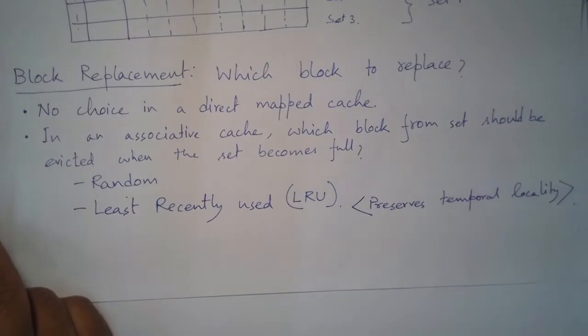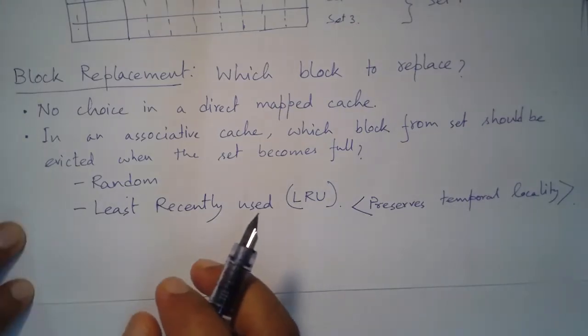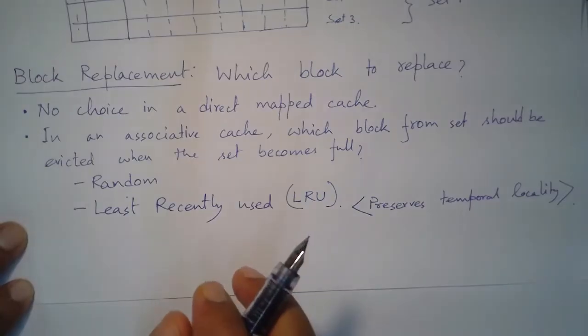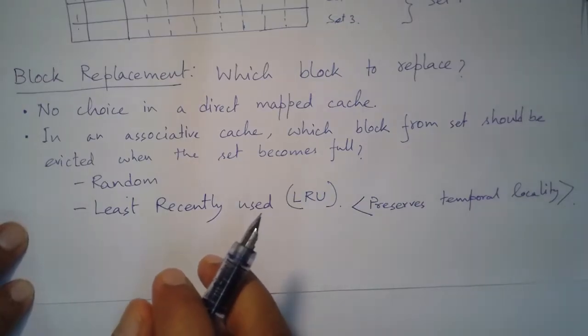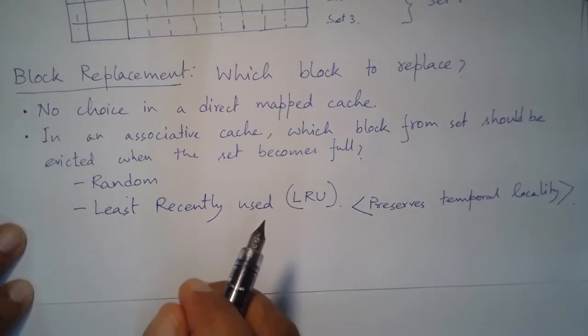So basically true implementation of this LRU scheme is only feasible for a very small set, because otherwise you need very fine-grained control. Every load and store will need to be tracked.